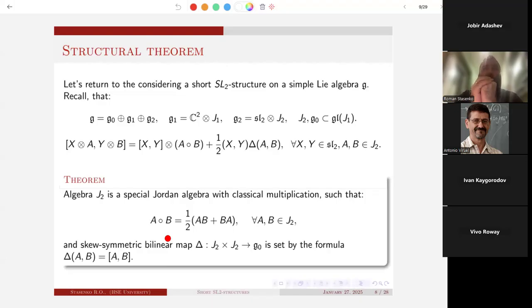These are Jordan algebras which can be put into an associative algebra with the classical multiplication, as we saw before. And it's very nice that here there are no such Jordan algebras as Albert algebras.